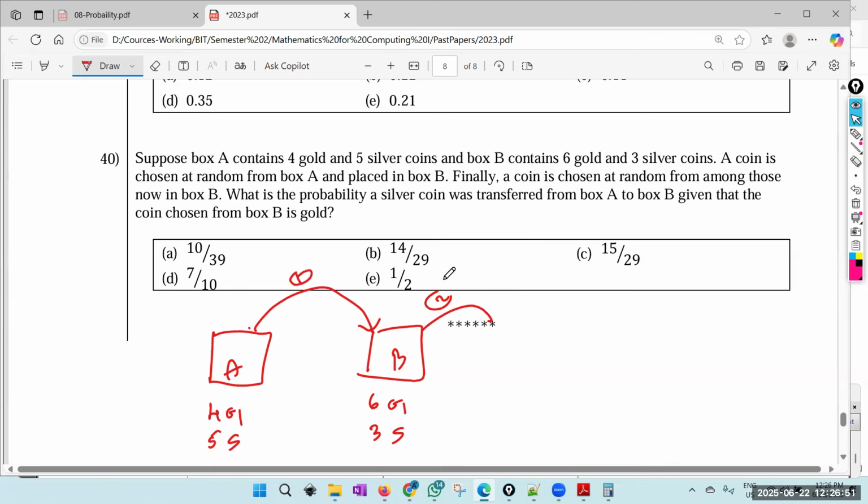What is the probability a silver coin was transferred from box A to box B, given that the coin chosen from box B is gold? From here you got a gold; what is the probability that what went from here to here is a silver? What kind of question is that? I will just keep that question open for the time being, because maybe I can think about it in the lunch hour if I have time.